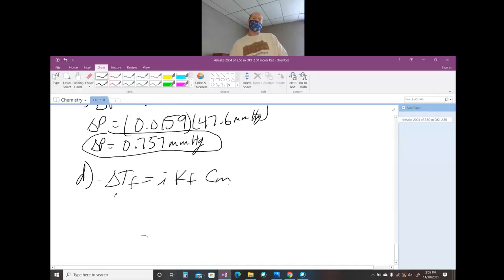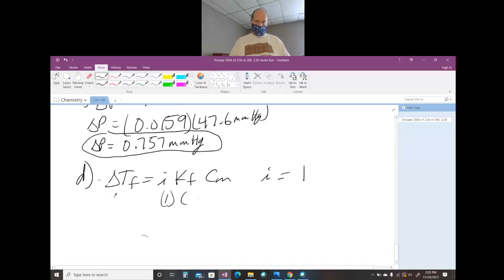Your i value for any molecular compound is 1. If you have an ionic compound, it is going to be greater than 1. If you have a molecular compound, it is always 1. Sugar is a molecular compound, no metal with a nonmetal, so we have an i value of 1.